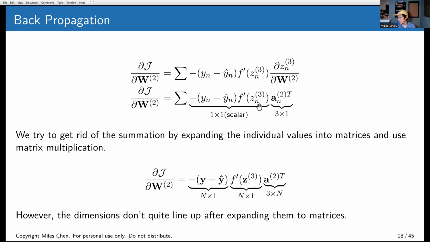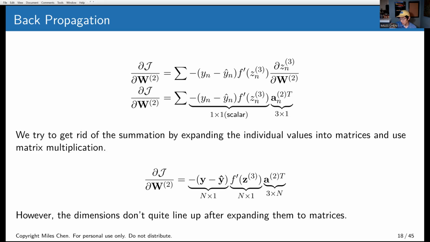If I think about what z is, remember z right now is just a single scalar value, and I've got n of them, one for each observation. So I can take the entire column of z values, n by 1 of them. And right now, a sub n transpose, I've got one row with 3 values in it.